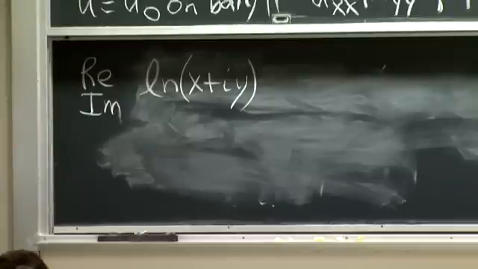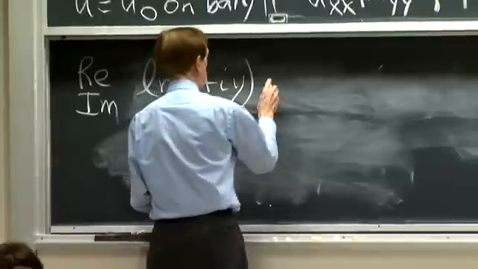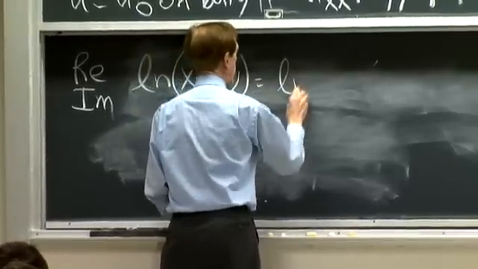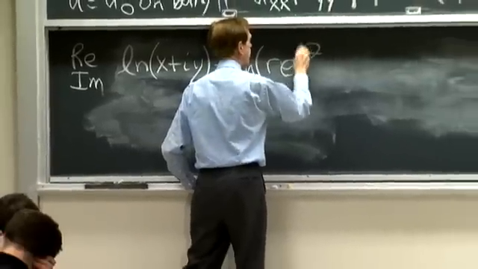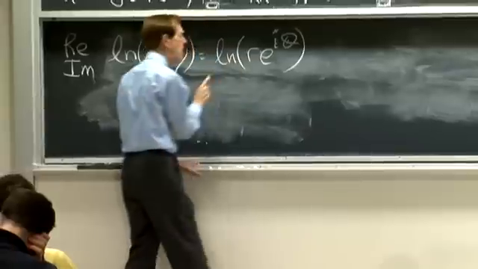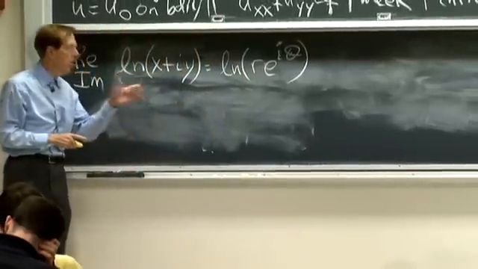What's the good way to get somewhere with this real and imaginary part? I can take the log of a product. So the polar form is way better again. I want to write this as the log of r e to the i theta. And now, what's the log of a product?